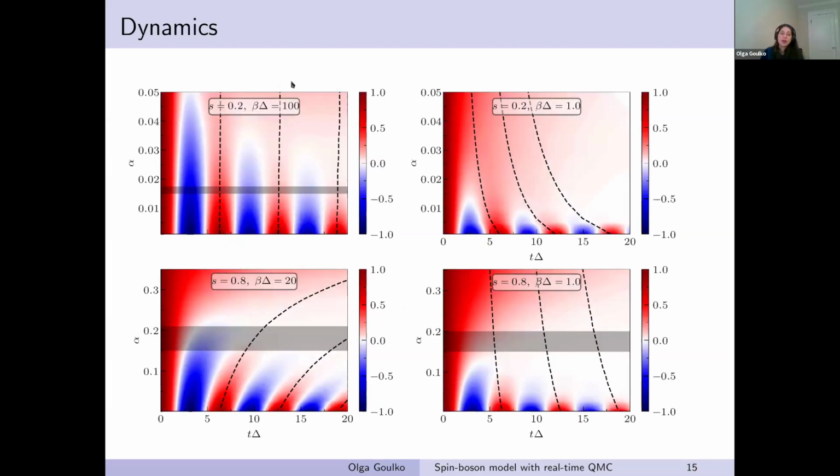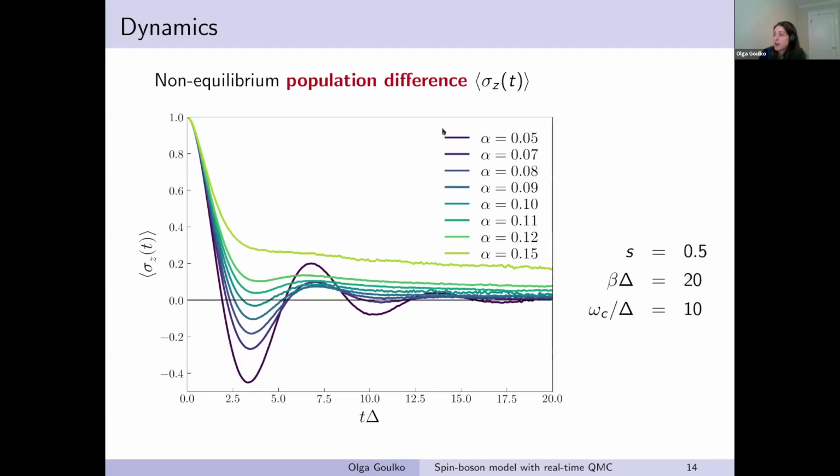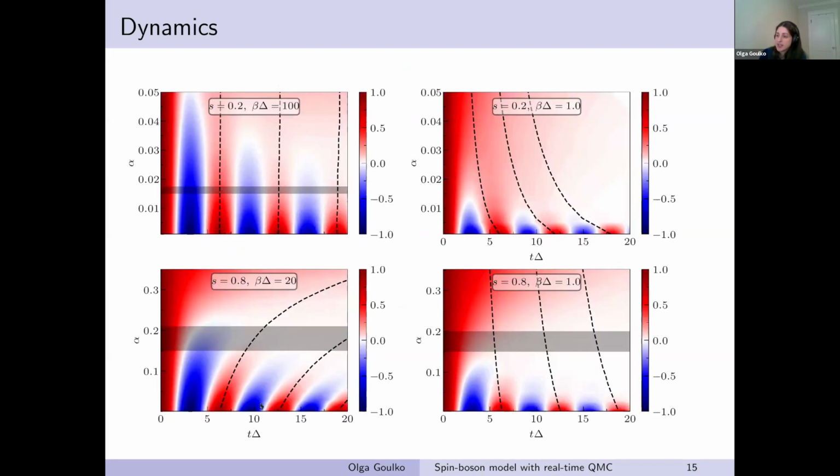So let me show you a bit more detailed picture of the dynamics. So what I'm plotting here is essentially a density plot of the same plot that we had here, but now we have two axes, the time axis and the coupling.